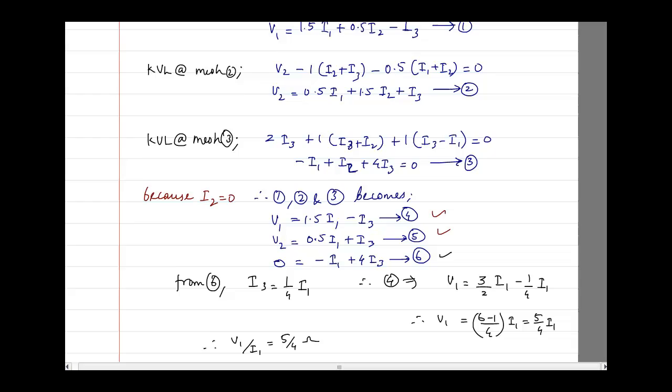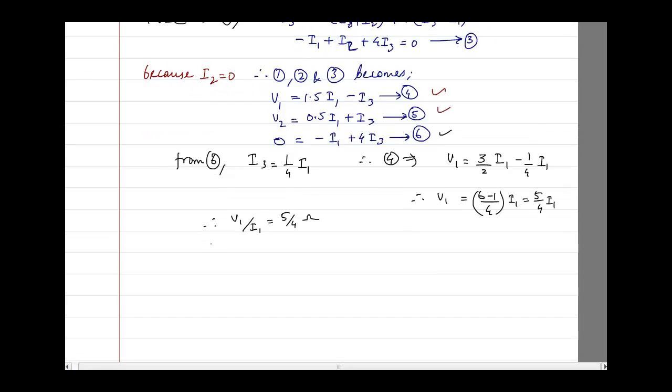Next is V2 by I1. For that I will look at the fifth equation. From 5 I will get V2 is equal to 0.5, let me write as 1 by 2 I1, plus 1 by 4 I1, which gives 2 plus 1 divided by 4 I1, which is again 5 by 4 I1.